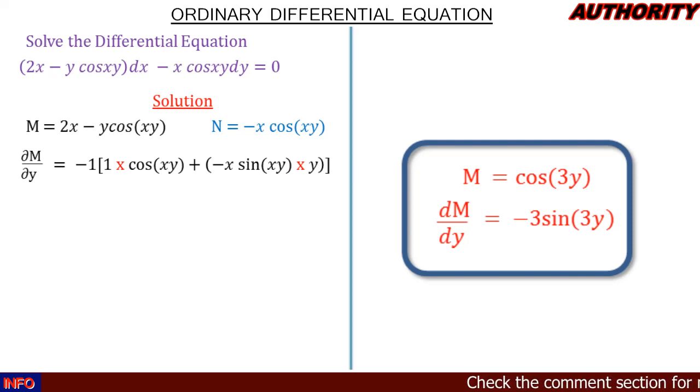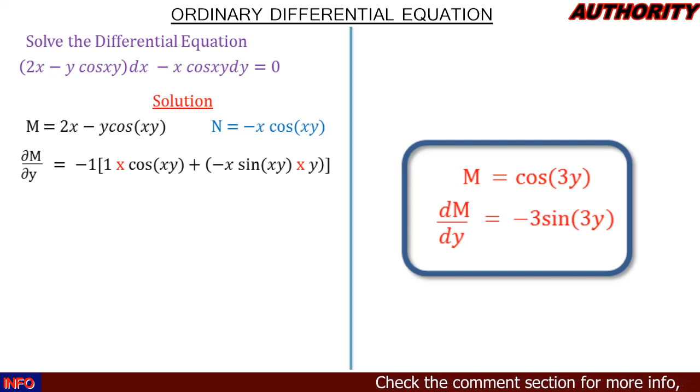We are going to have dM over dy equal to minus 3 sine 3y. You see the way we treated 3 as a constant. This is not the full procedure. The full procedure is where we call this 3y a letter, differentiate that one, then bring it back again. That is applying the chain rule.